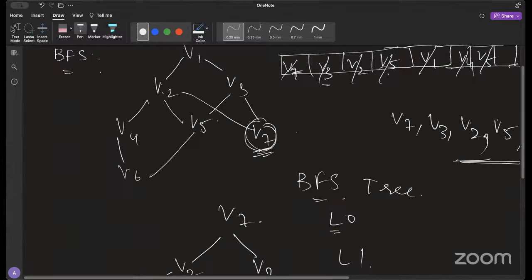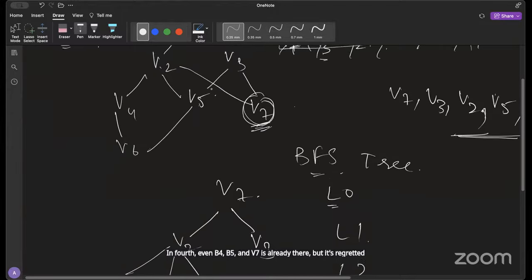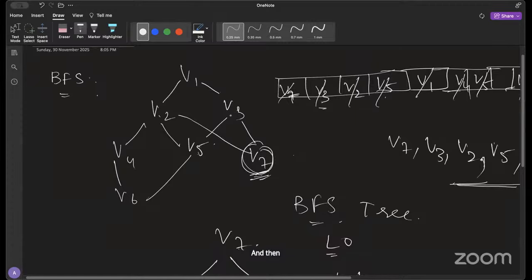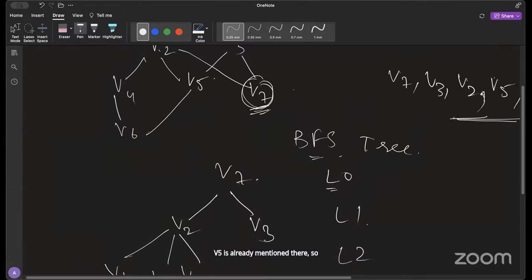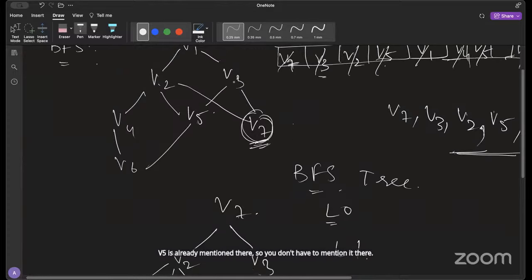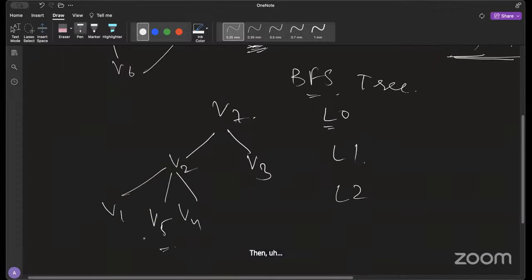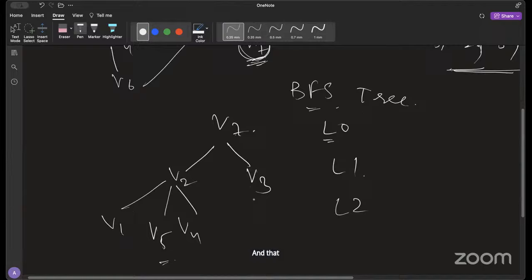V7 is already there, so we don't write it here. And then with V3, you have V5. V5 is already mentioned there, so you don't have to mention it here. V1 is already mentioned, so you don't need to mention it again, and that's it. So with V3, you have nothing.